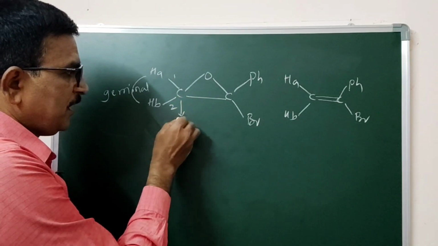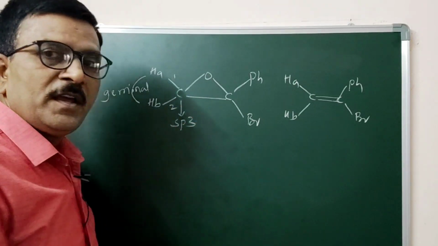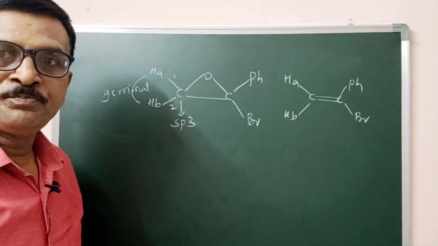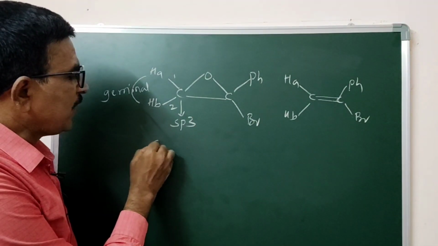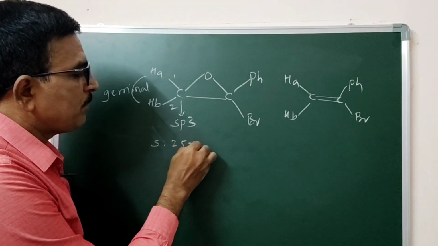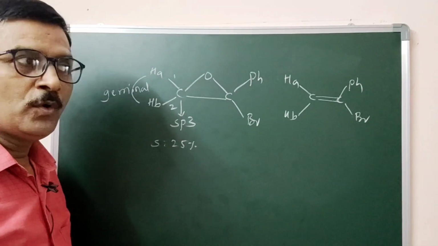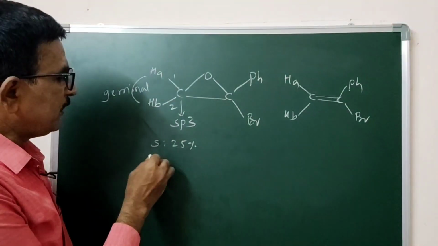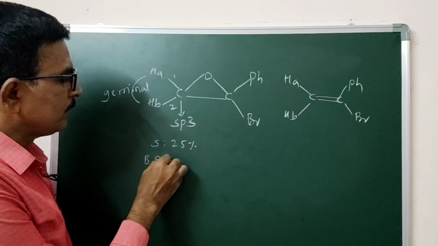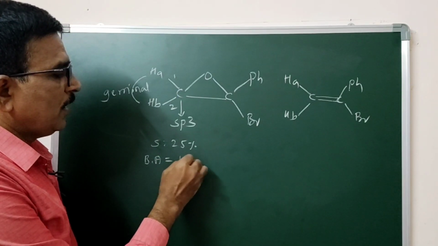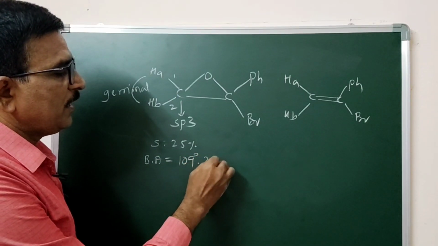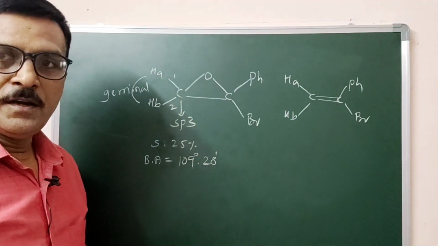Now the HA and HB hydrogens are attached to a carbon whose hybridization is sp3. This is an sp3 hybridized carbon, where S character is only 25% and the bond angle is 109 degrees 28 minutes. Are you following?